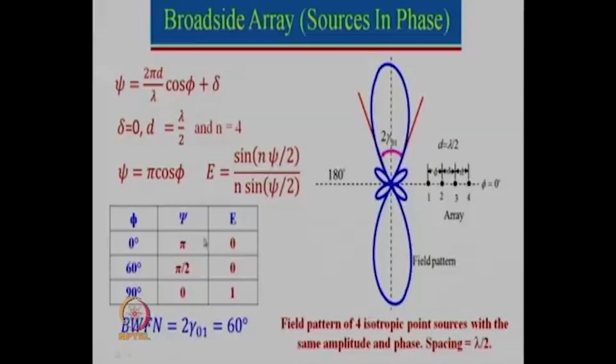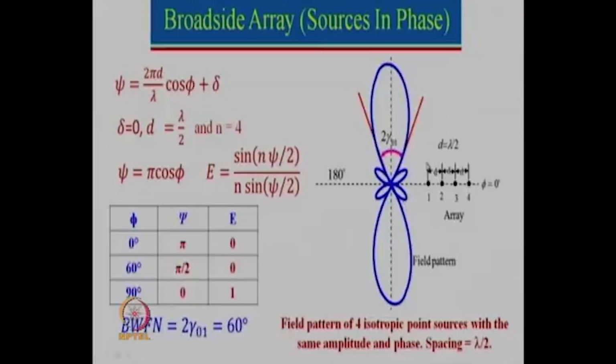If we now start plotting here, starting from phi equal to 0, at phi equal to 0, E is 0. As phi increases, this slope comes, and then at 60 degree this function goes to 0, and then we increase further to 90 degree, it goes to the maximum value of 1, and then this whole trend is repeated, because the sine functions repeat themselves.